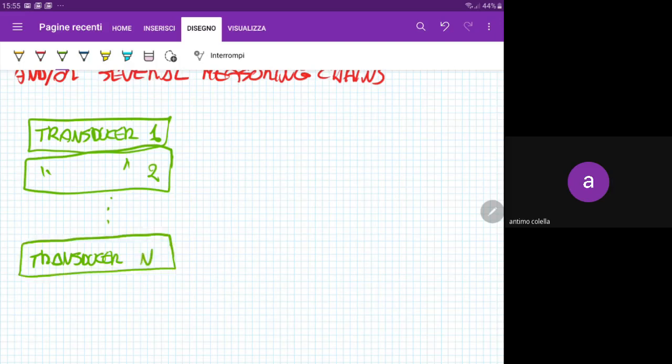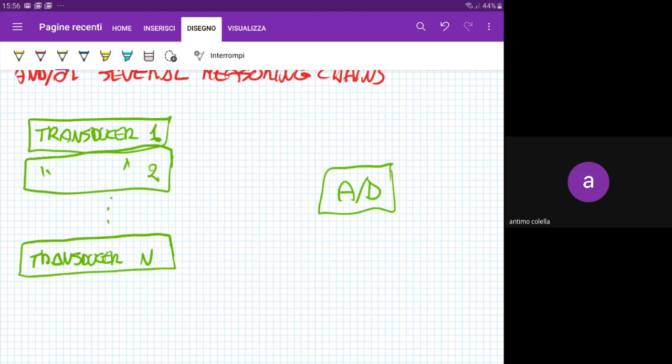These transducers could be part of the same measuring chain or some other, and at the same time the object of the measurement, but however, could be many transducers. And what we have is just one analog to digital converter that is used to digitalize the signal transduced by the transducers.